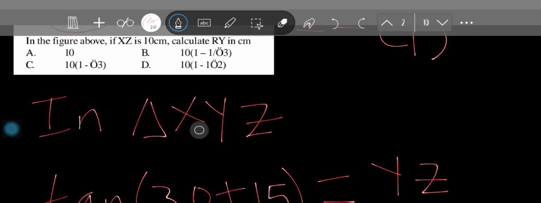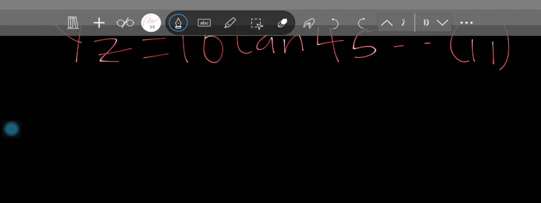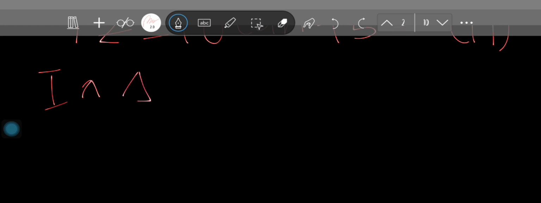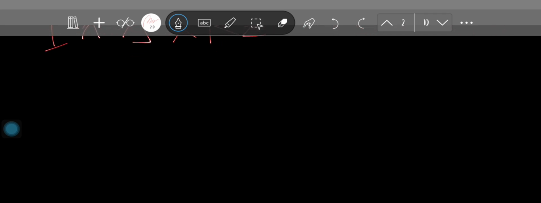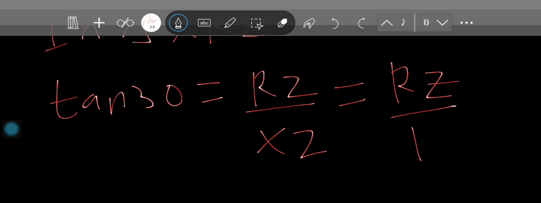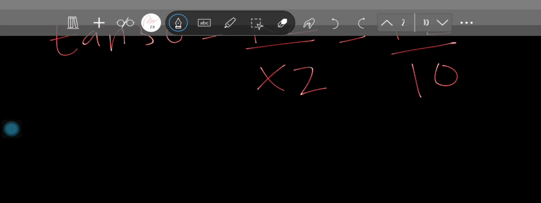So in triangle xrz, we have that tan 30 equals rz over xz, which is rz over 10.